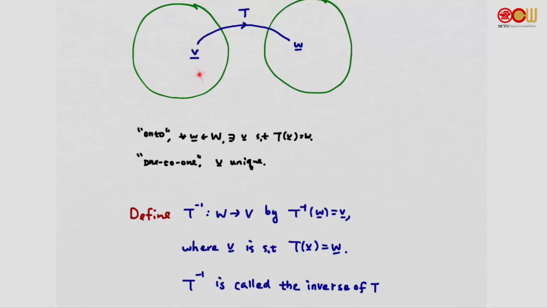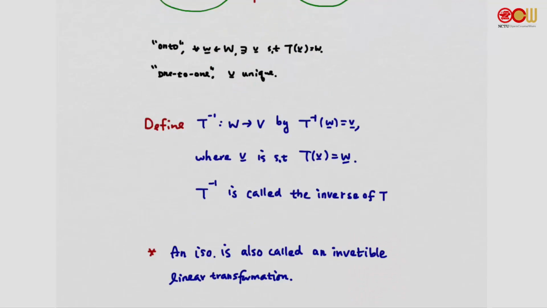So we seek out this vector, and this unique V vector, we define it as the image of W under T inverse. And this T inverse is called the inverse of T. An isomorphism is a linear transformation that has an inverse. And so an isomorphism is also called an invertible linear transformation.